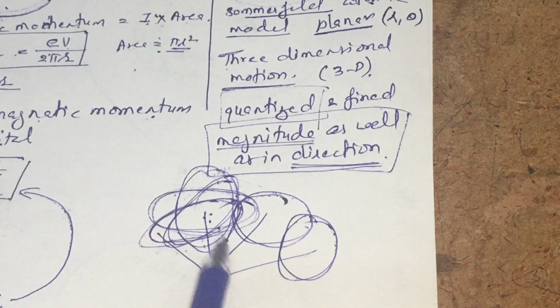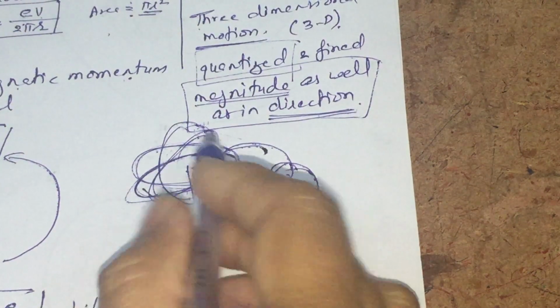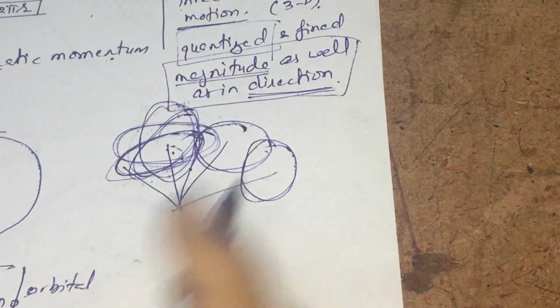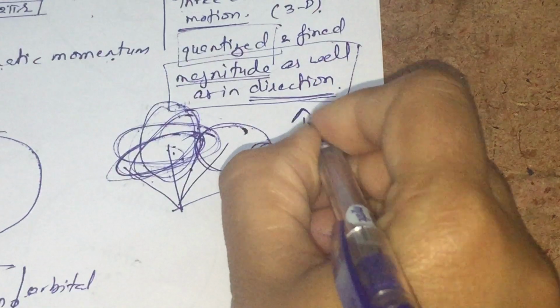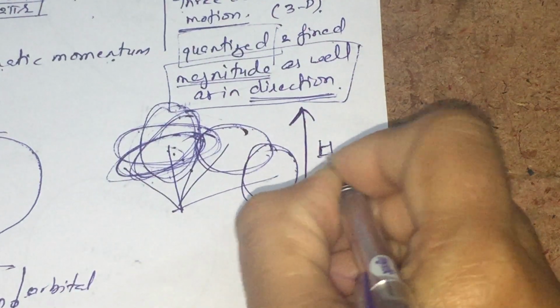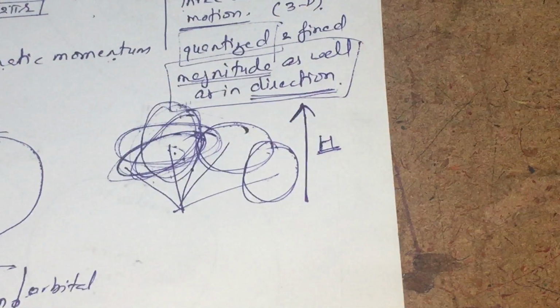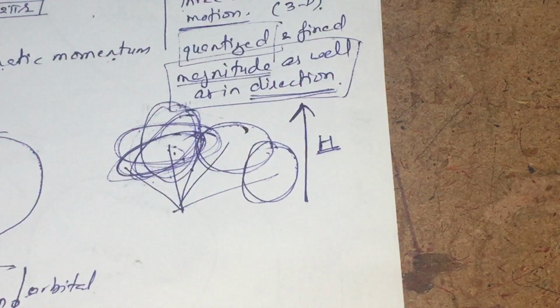Let us consider the electron is moving in one of these orbits, and we apply the magnetic field perpendicular to the given motion of the electron.